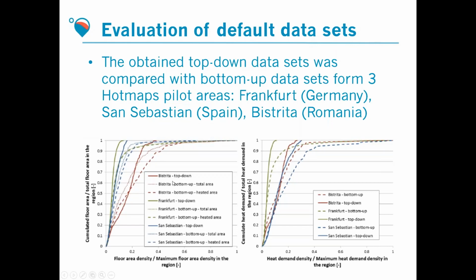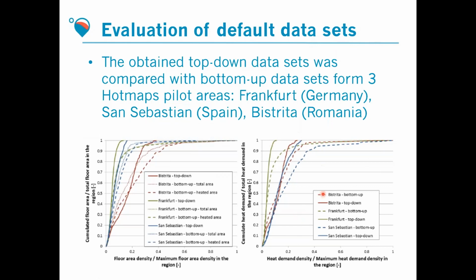Comparing these two approaches, top-down and bottom-up, we see that our top-down approach, and the data sets provided on Hotmaps, have a rather smaller bandwidth compared to the bottom-up approach.